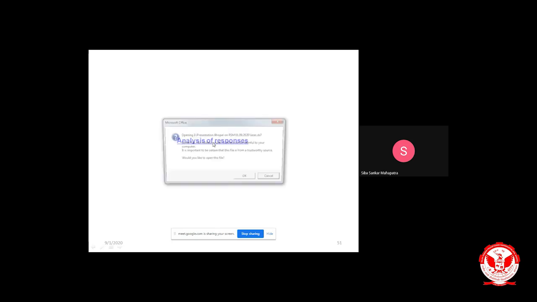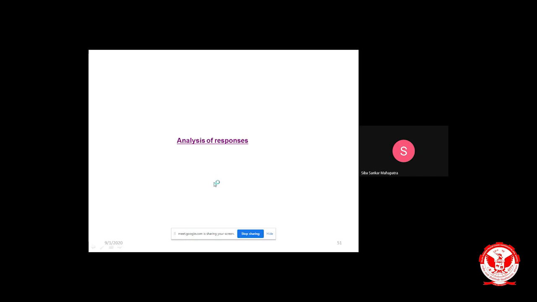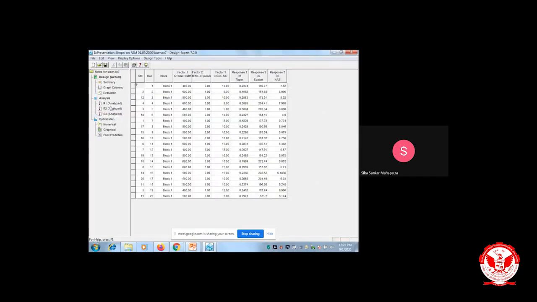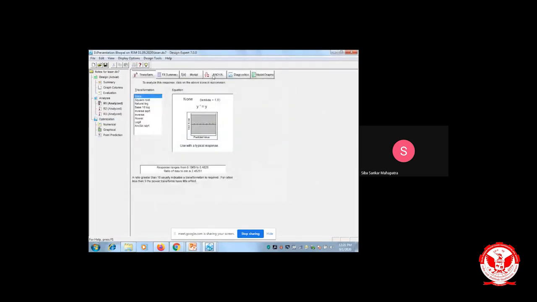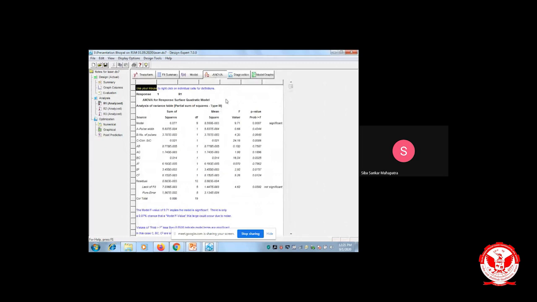Then that has been solved, and you see this is a table for the taper. This is another table for the spatter.